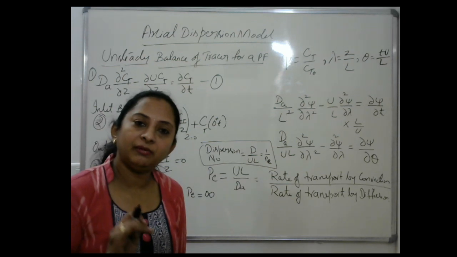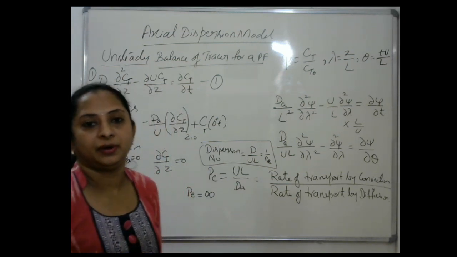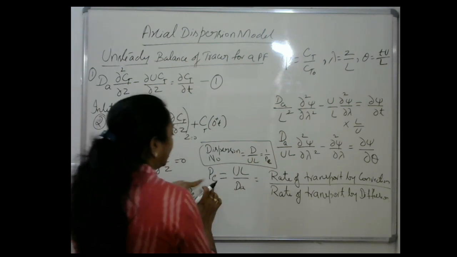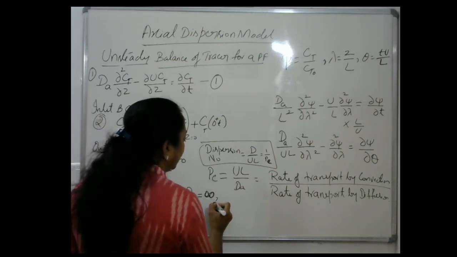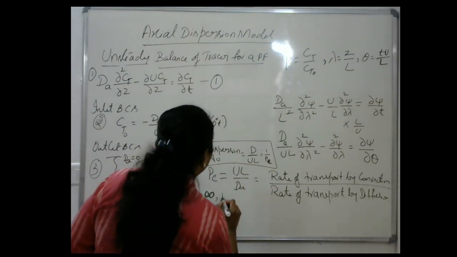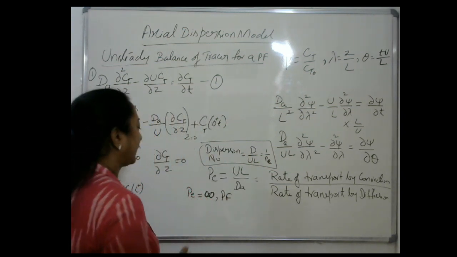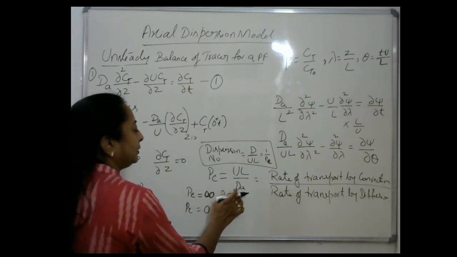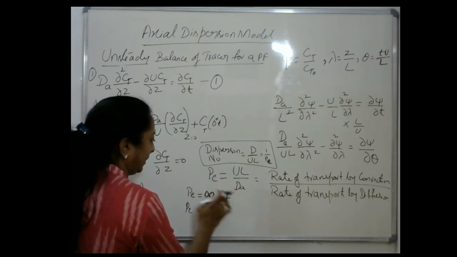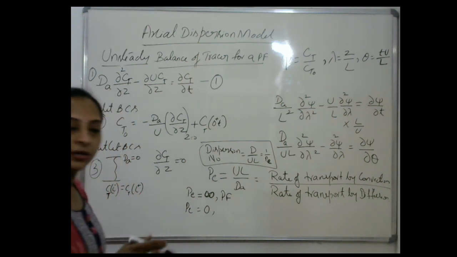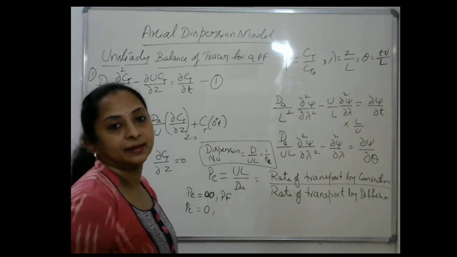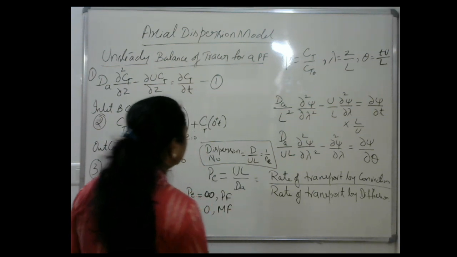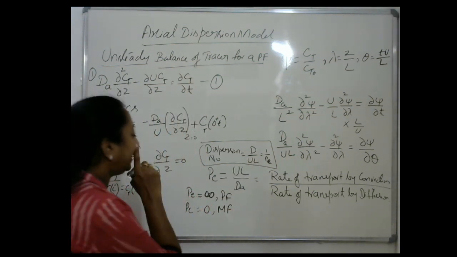If dispersion is very low, then it approaches PF. Whereas if the Peclet number is 0, then there is a lot of dispersion or mixing. It is MF.